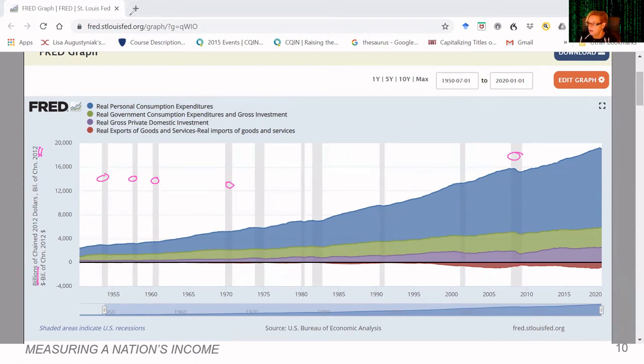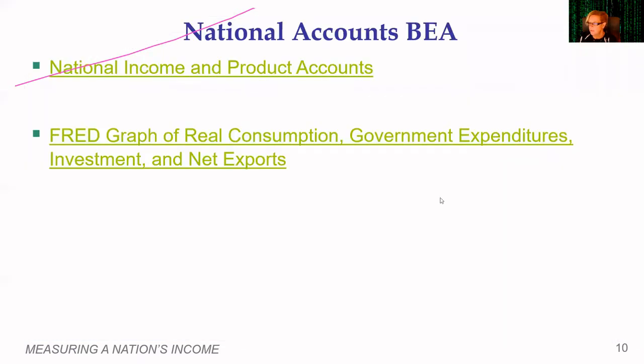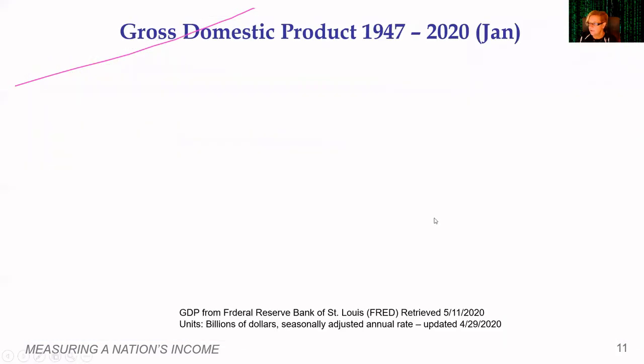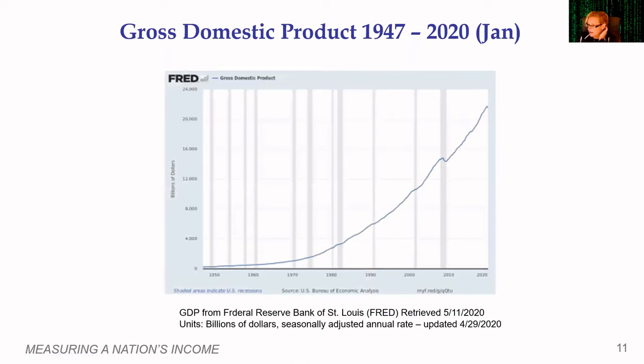Okay, so let me clear all the drawings off that one and let's get back into our PowerPoint slideshow. All right, so if we want to look at GDP, and again, this is nominal GDP, we can take a look from all the way since 1947 to 2020.